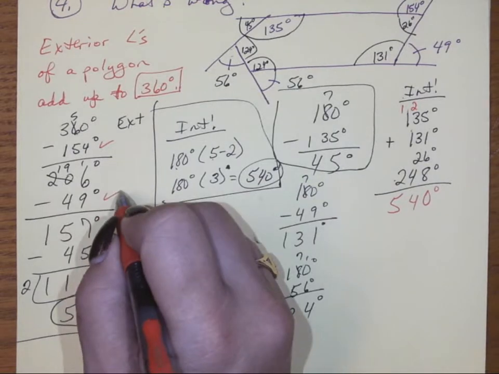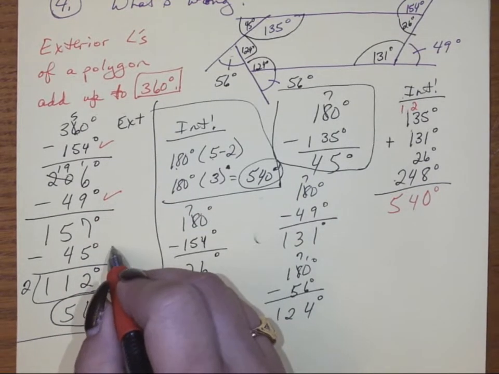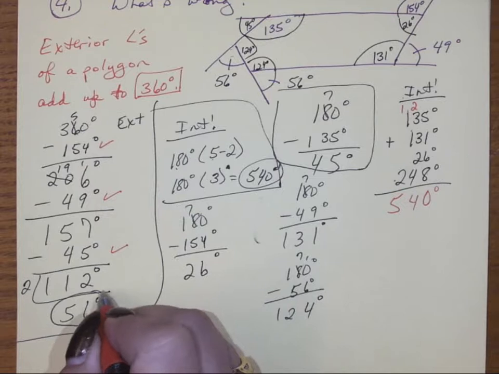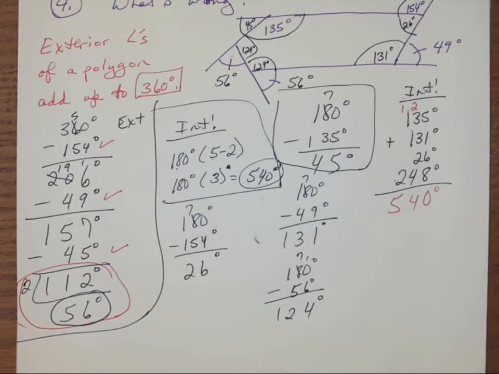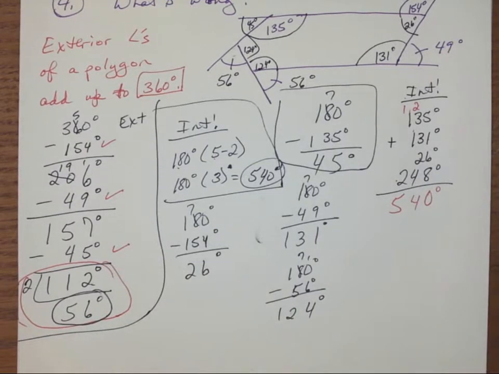I've only got one of those in there. And the 45. So this in here should be where my mistake is, if I made a mistake. So let's double check my arithmetic there. Because the key said whenever we add these all up, we get 345 or 46 degrees instead of 360 degrees.